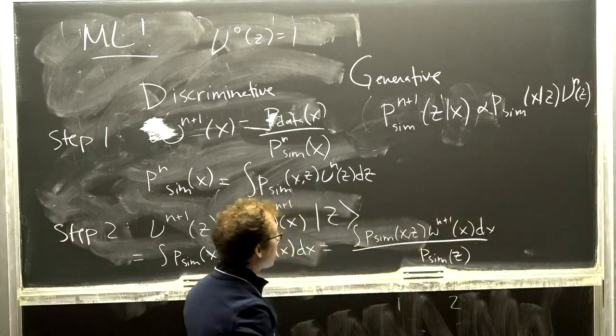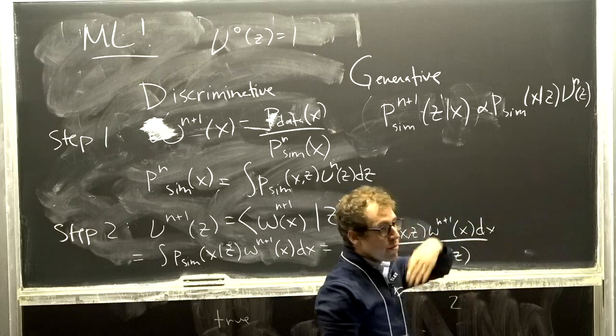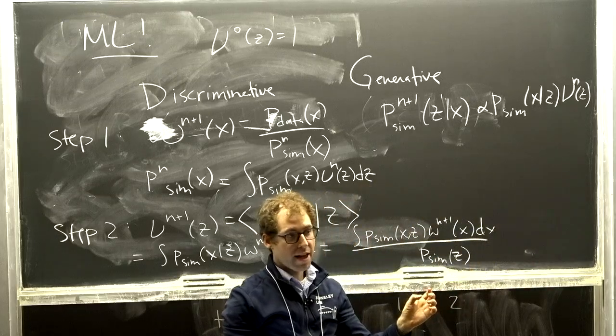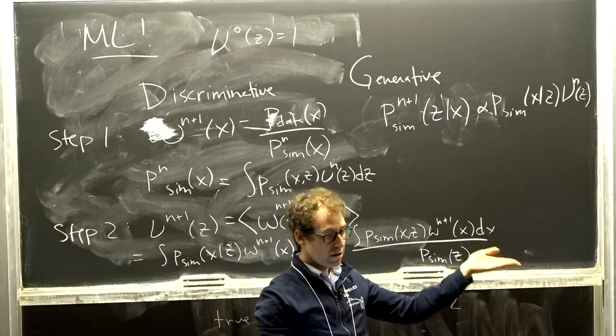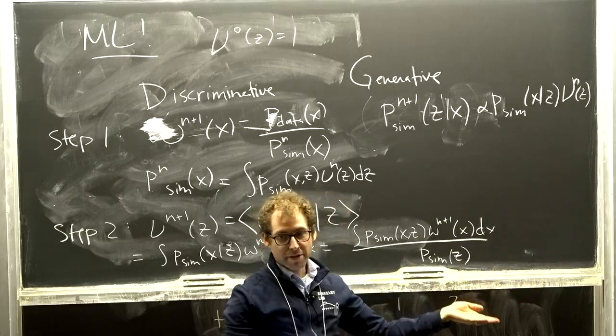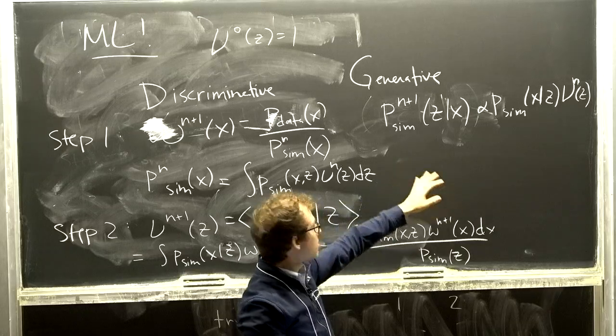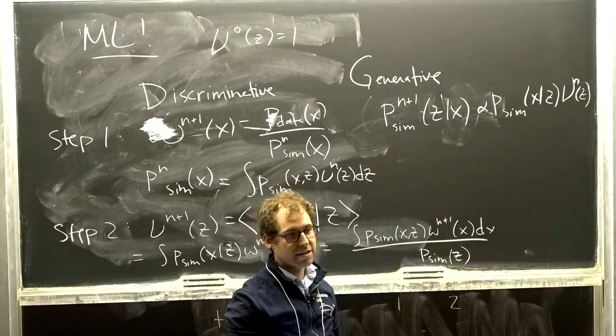So basically, you have some simulated sample of xz pairs. You weight it by nu, and then you learn the induced density of z given x. That's the posterior. That's this thing here. So this is the central object in the generative approach.